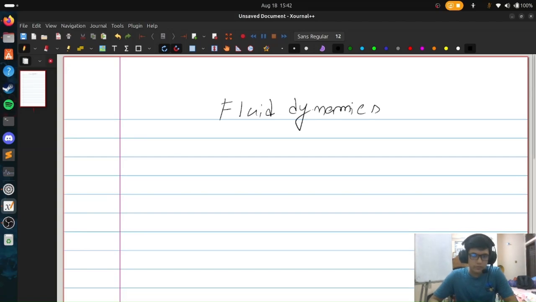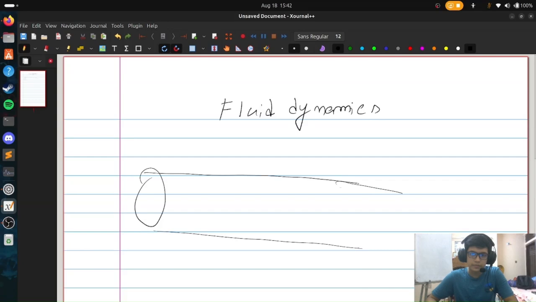So what is laminar flow? Suppose this is a pipe, and we're going to use blue color for the water flow here. When the flow is laminar, it flows like this.